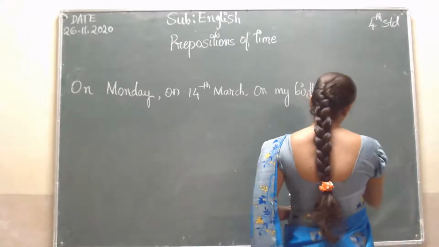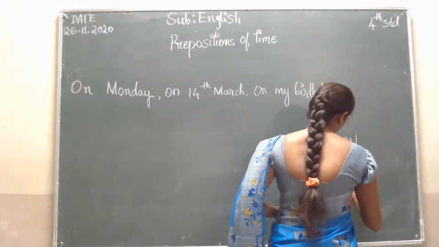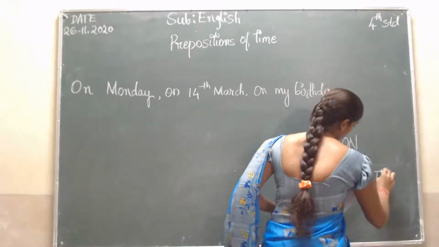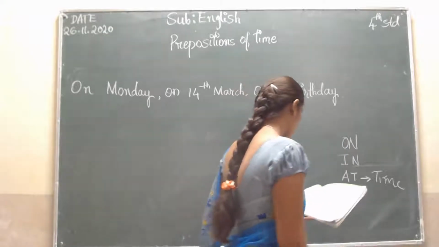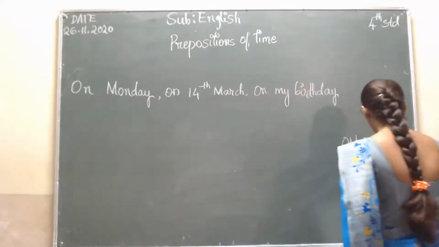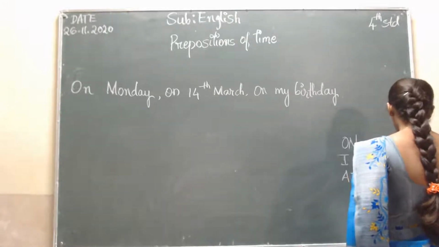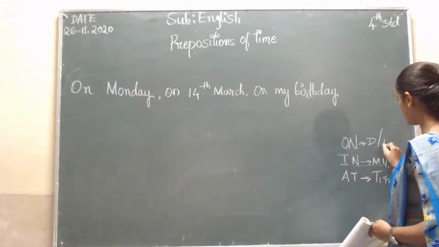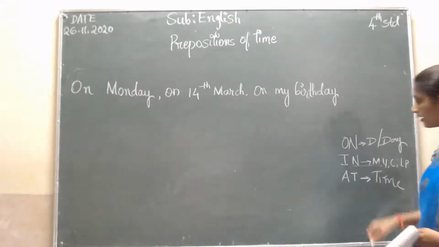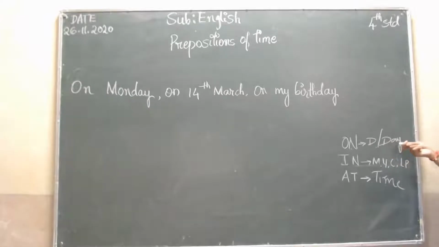We use at to talk about time, whereas in is for months, years, centuries, as well as long periods. We use on just to inform about dates and days.